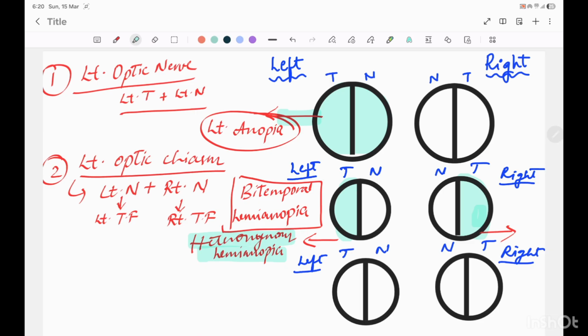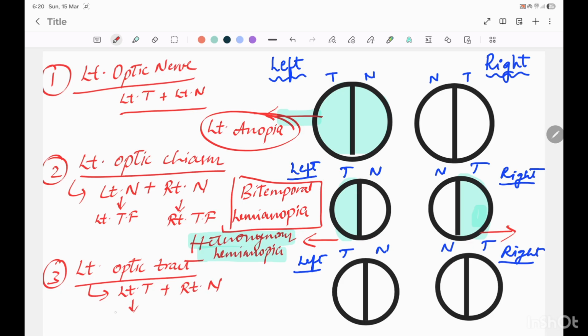After the optic chiasm, what do we get? The left optic tract. So what does the left optic tract contain? I discussed this earlier. The left optic tract contains left temporal fibers plus right nasal fibers. Left temporal fibers means the left nasal field is damaged, and right nasal fibers means the right temporal field is damaged.